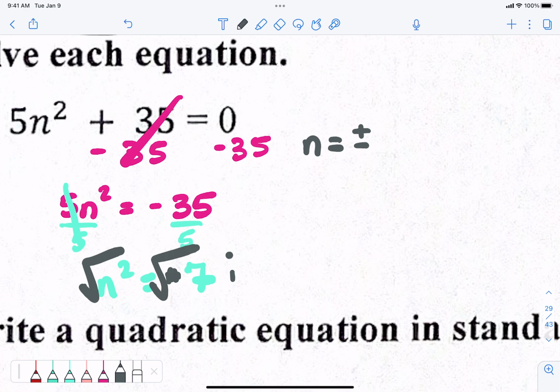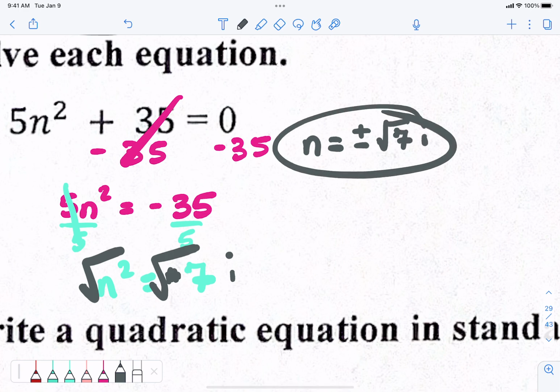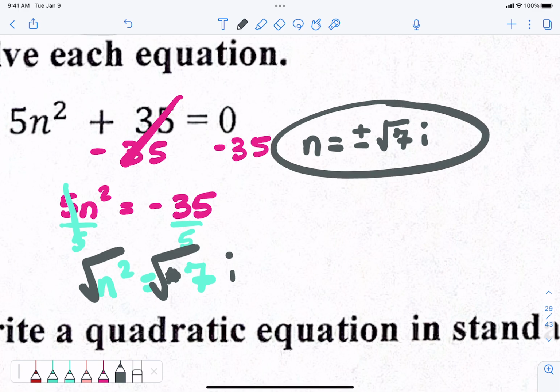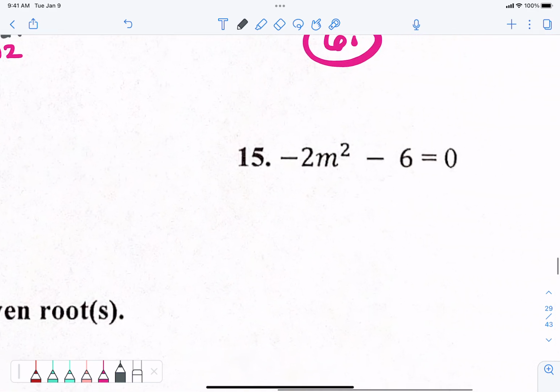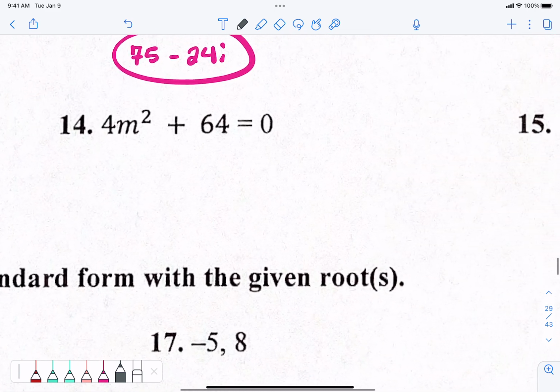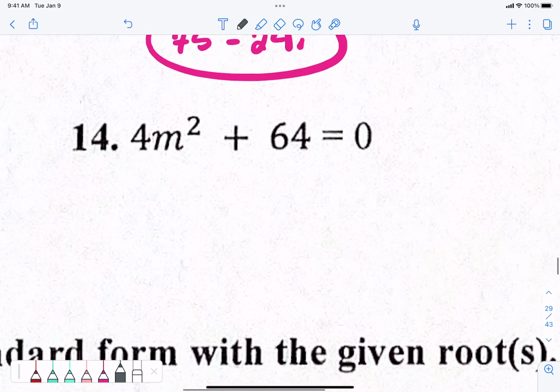Nothing. So we leave it the square root of 7, i. If it doesn't come out nicely, just leave it inside the square root. Good? Happy with that? Okay, all right, do you want to try number 14 and 15?